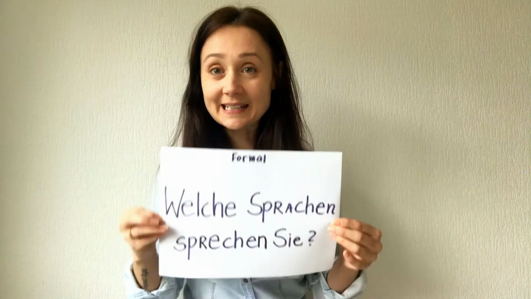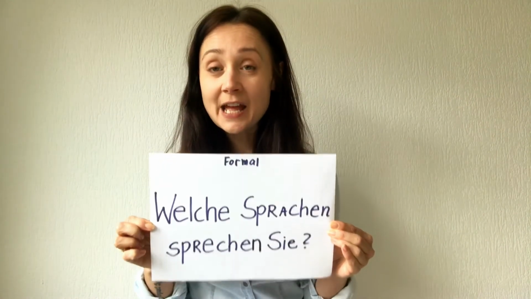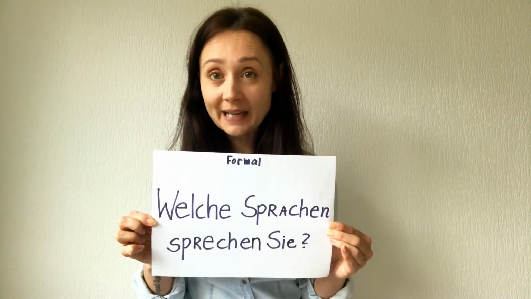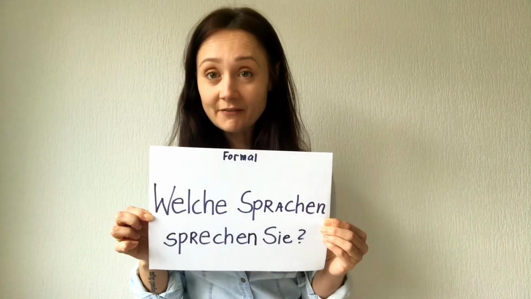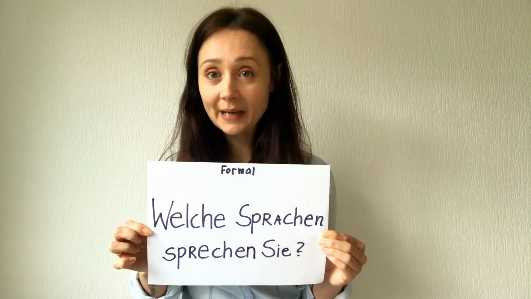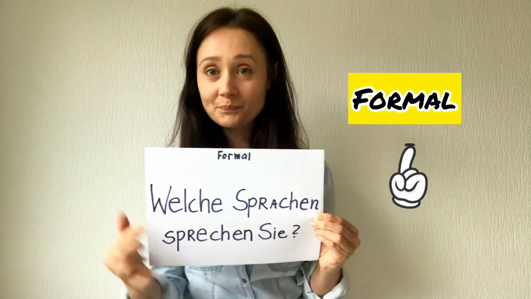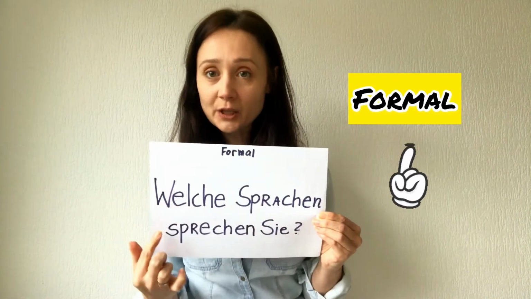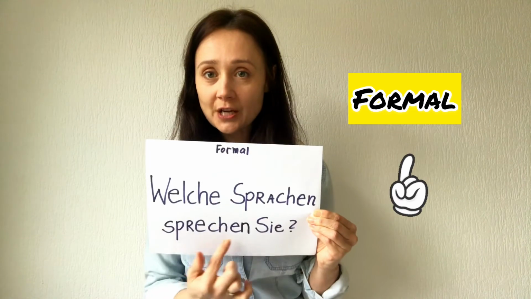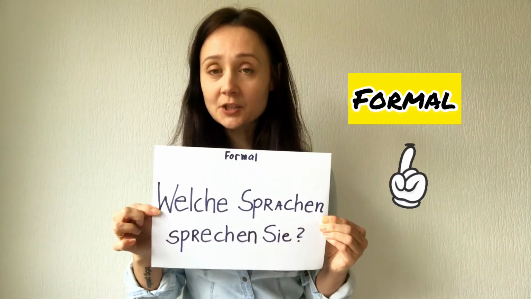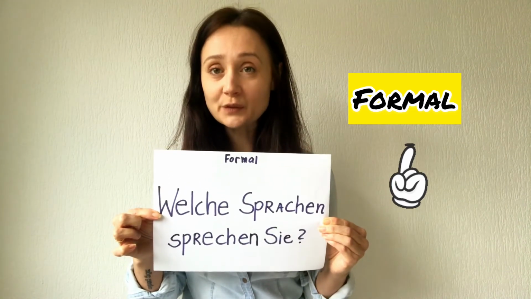And the formal way, you remember that's the Sie we always say. In this case, you would say, welche Sprachen sprechen Sie? This is the formal you. The rest is the same and the verb, of course, it changes. Welche Sprachen sprechen Sie? This is the formal way.